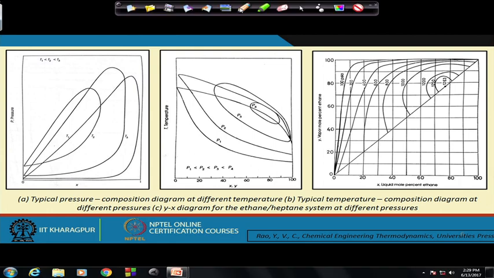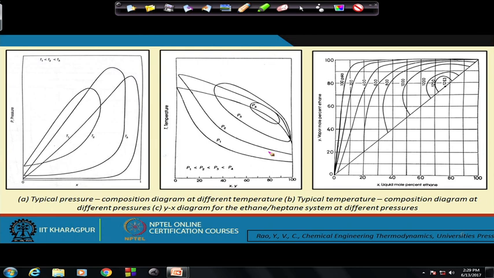If you observe this particular phase diagram, you will see that as we go for higher and higher pressure, the zone of two phase, the zone of existence of two phase, decreases. And this is of great concern to the designers of distillation columns, because the moment the zone of two phase decreases, it is very difficult, or rather impossible, to separate any particular mixture into two components.